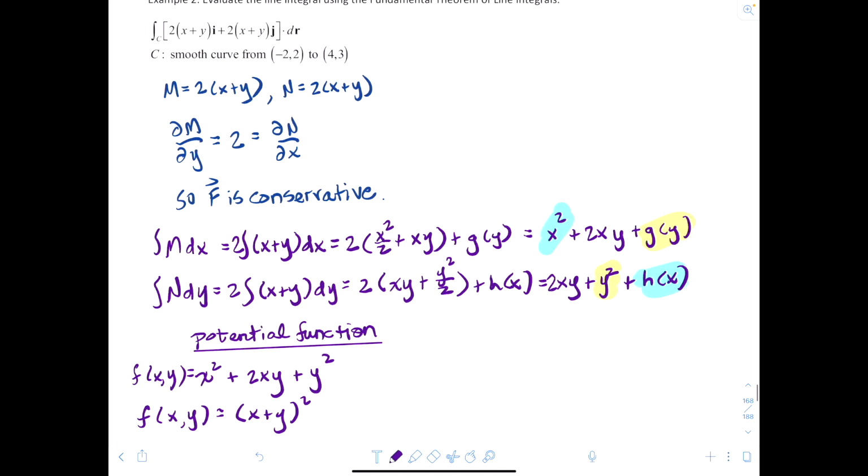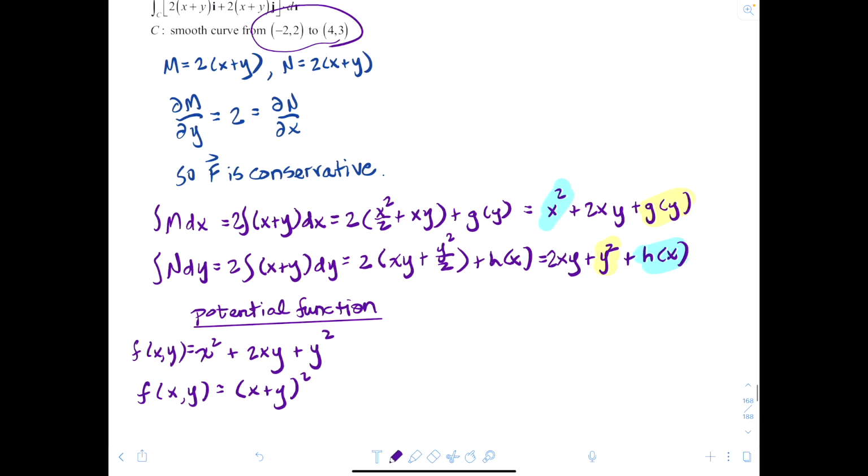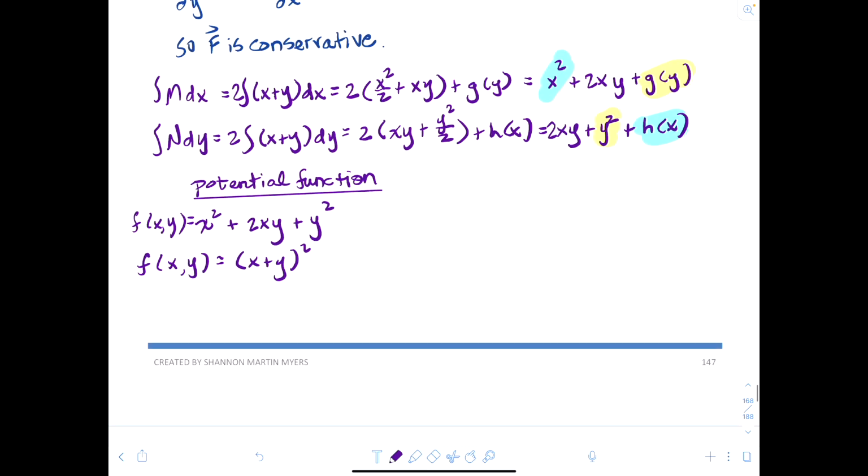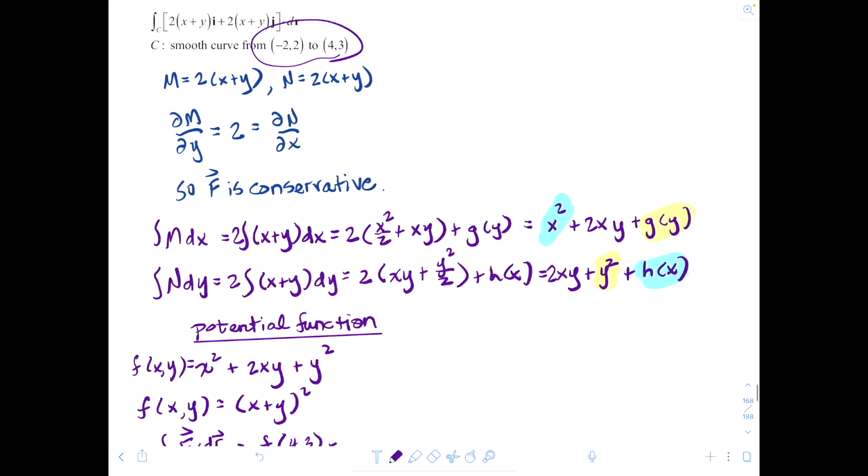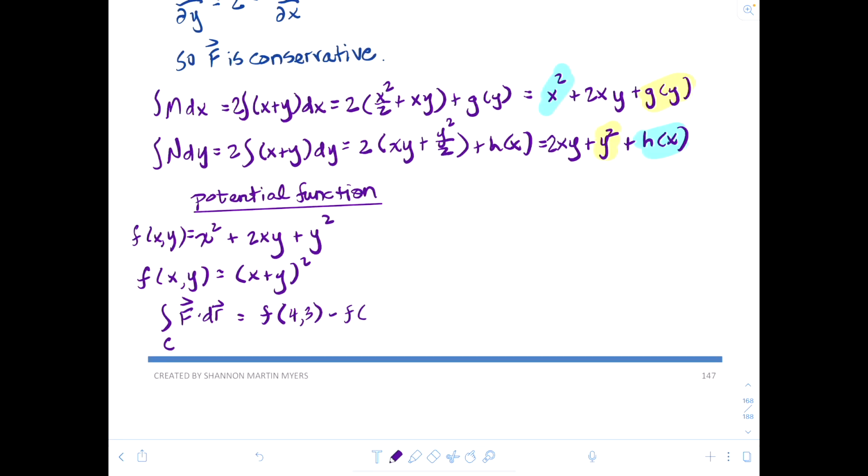And we have this path here, negative 2, 2 to 4, 3. So our line integral of F dot dr is going to equal F at 4, 3 minus F at negative 2, 2.